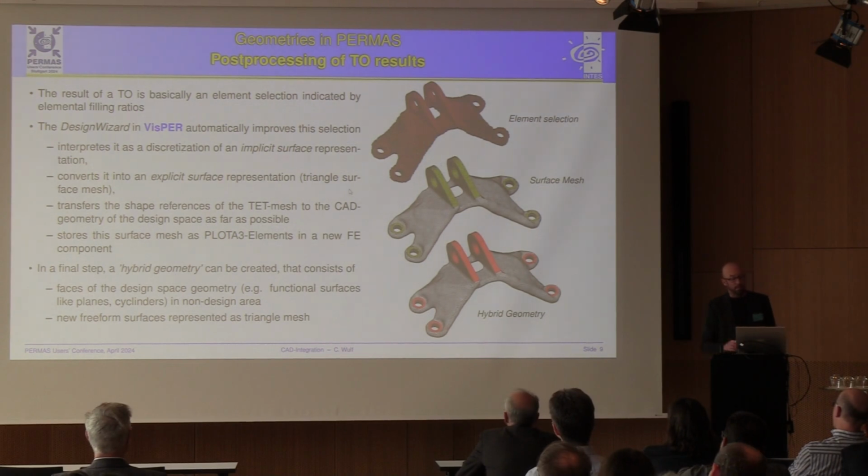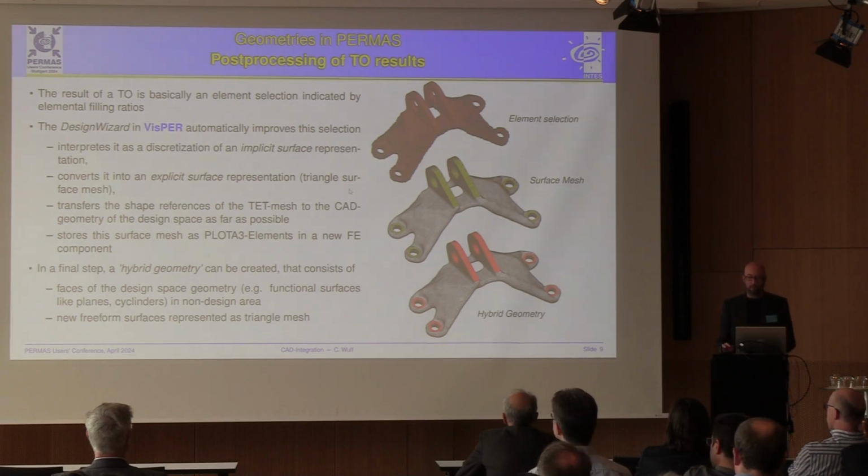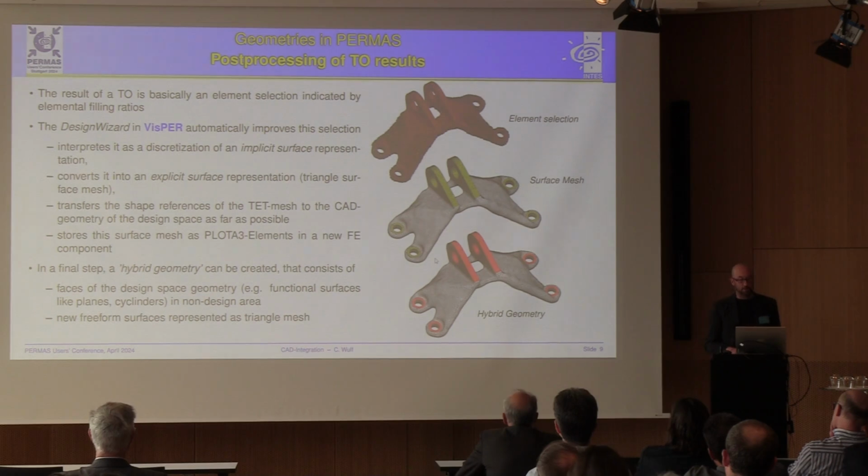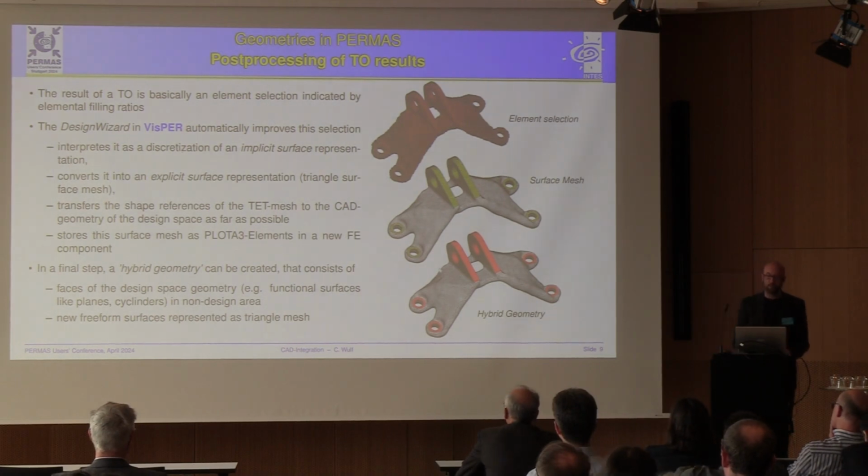And then in a final step, we can create what I called a hybrid geometry that consists of the faces of the design space geometry, here indicated in red, that are the functional surfaces like planes and cylinders in the non-design area, together with the new free-form surfaces that evolved during the topology optimization as a triangle mesh.